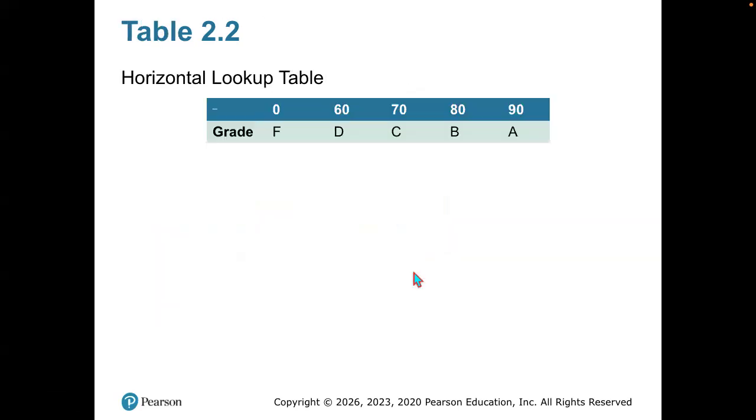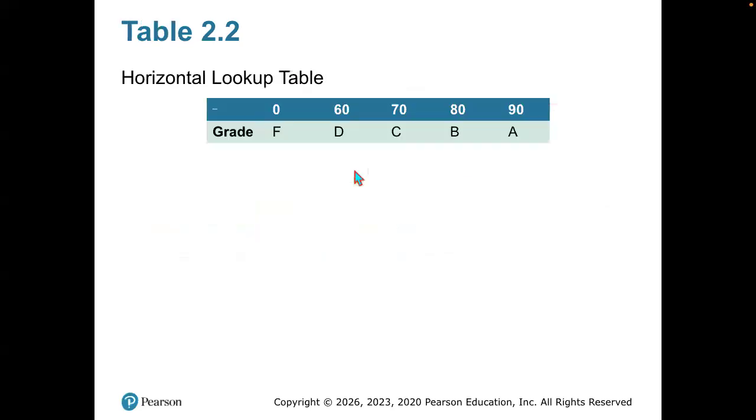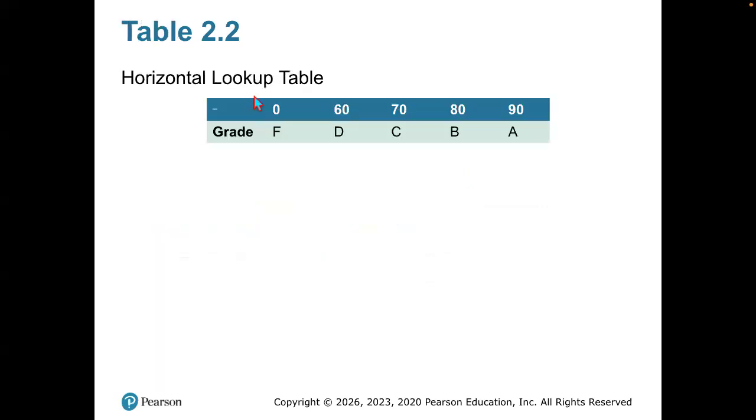And the same thing could be done horizontally, right? This was done vertically. If our grades looked a little more similar to something like this, where it's horizontal, the only thing we have to worry about changing here is, number one, changing it to H lookup, and then changing the range as well, since now we essentially transposed or switched our rows and our columns.